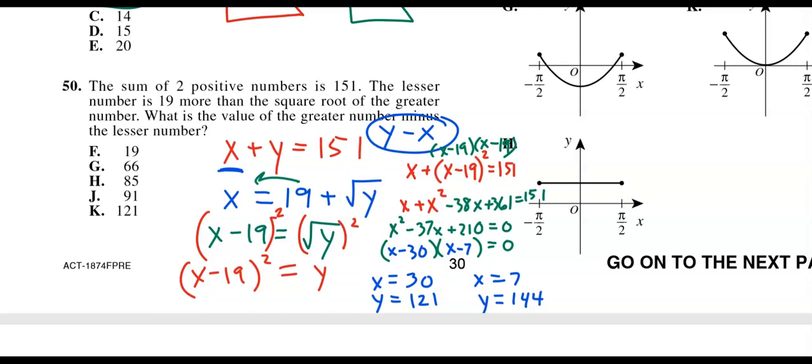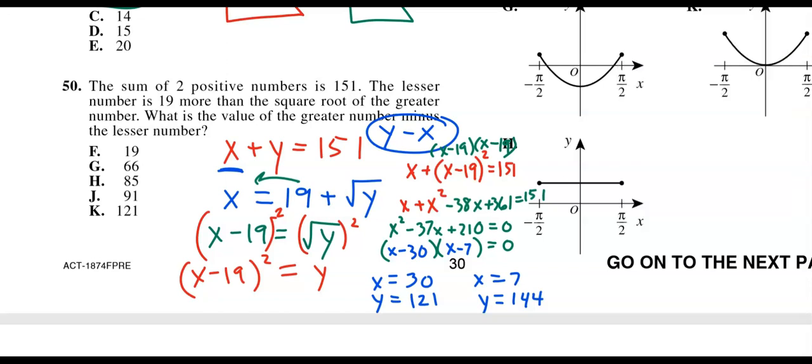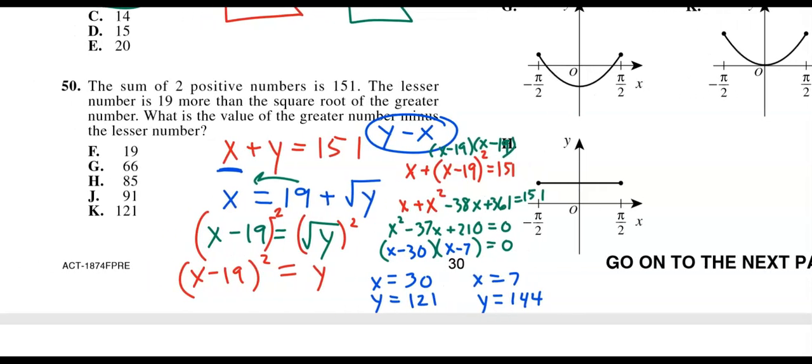One of those is a liar. One of those is not true. Which one is not true? If the y value is 144, and I plug it in right there, what's the square root of 144? 12.